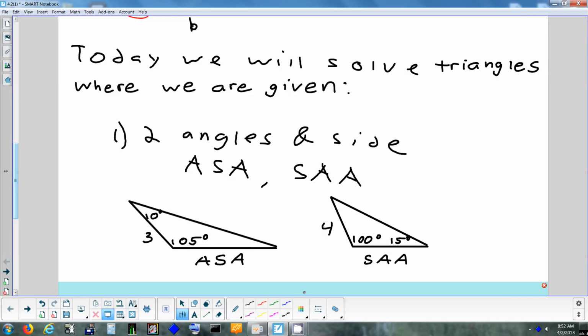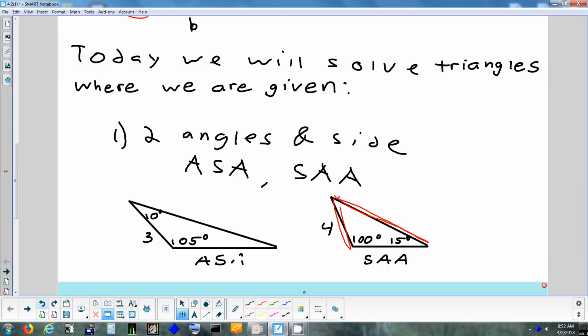So in this case, the side that's 4 units long is not the one that's connecting the 2 angles. If you knew the bottom side, that would make it the other type. This time, if you know this side, or if you know this side, those are both sides that aren't between the angles, and that makes it SAA. So you've probably seen those when you did proofs in geometry.